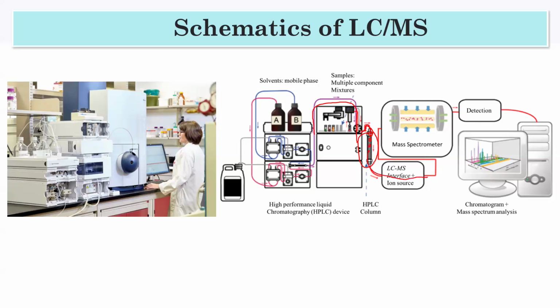We can control which one is moving, move them to the mass spectrometer, and then detect them. So with different times you get different peaks, different mass spectra. The HPLC column can separate, and each analyte will arrive at a different time.